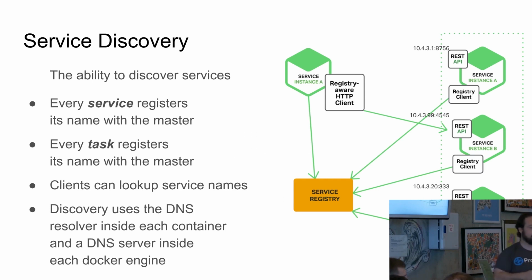Yes? This architecture you're describing right now, how do I see it in Docker? That is the question. So this architecture called service discovery that I was describing just now, how would you see it in Docker?